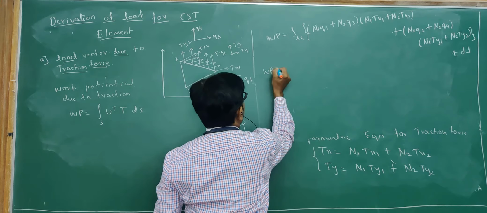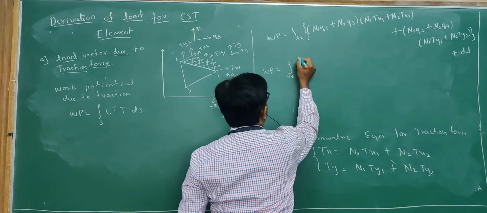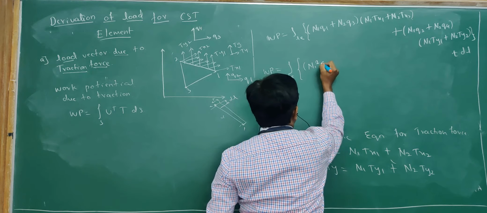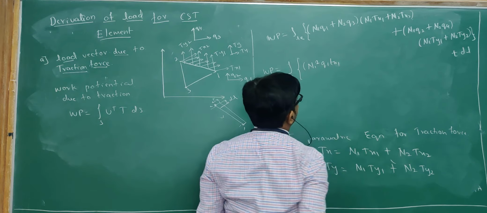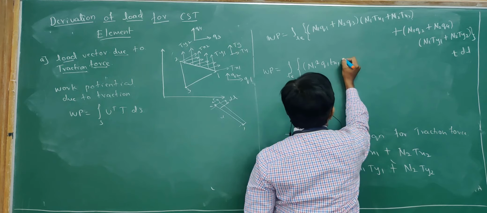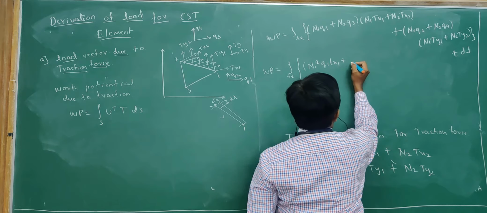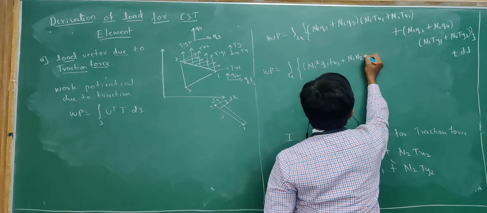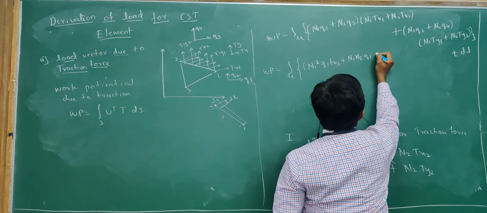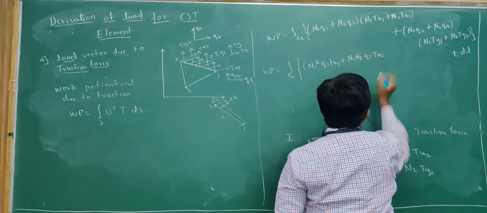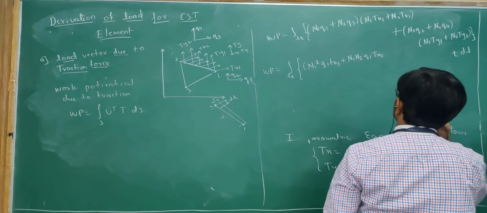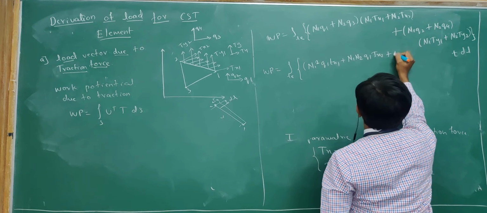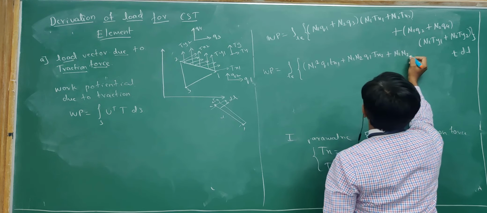The work potential, integration over LE, becomes n1 square q1 Tx1 plus n1 n2 q1 Tx2. This is the first multiplication. Then the second multiplication gives plus n1 n2 Tx1.